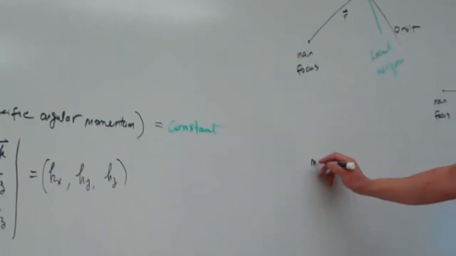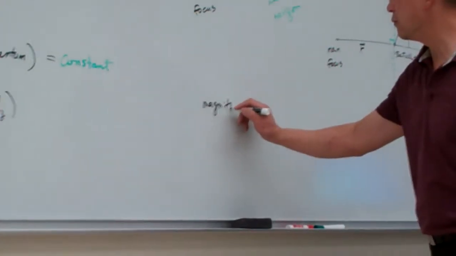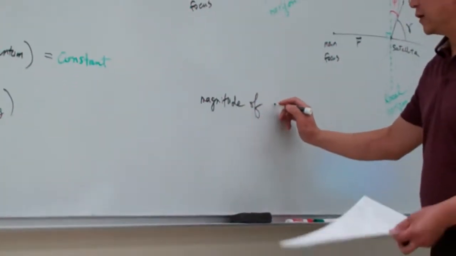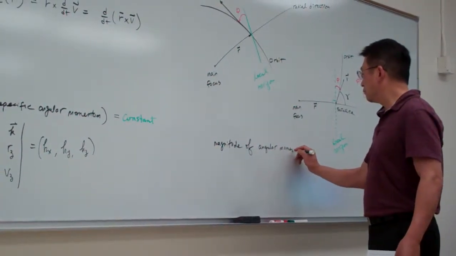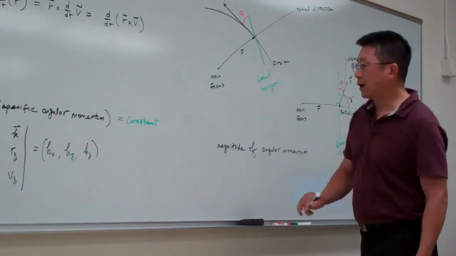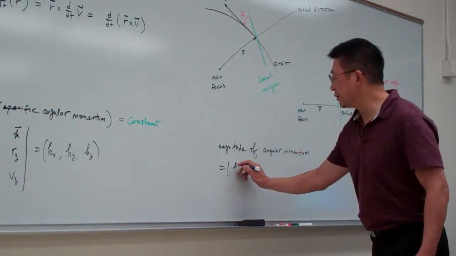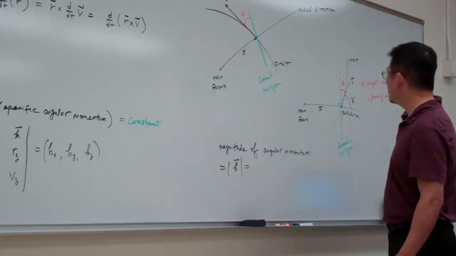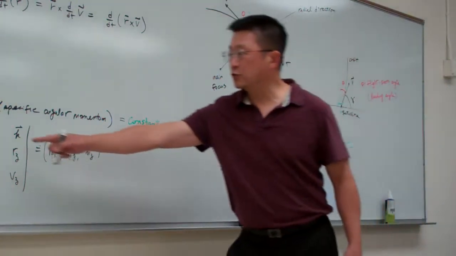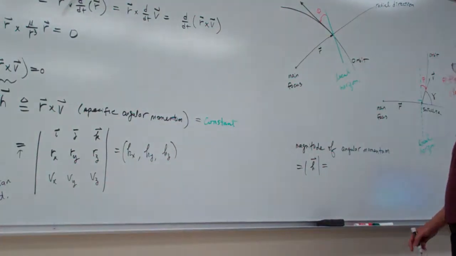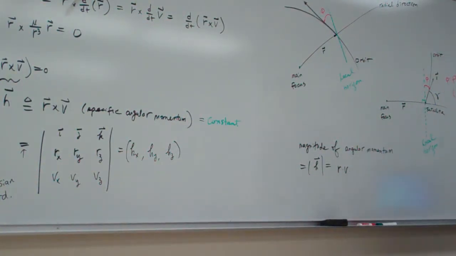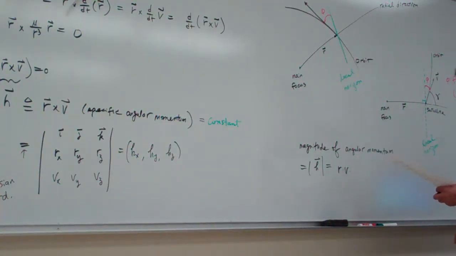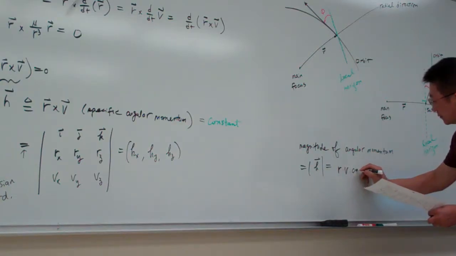So here, based upon phi, the magnitude of the angular momentum, the magnitude of h, because h is the cross product of r and v, is simply r times v times cosine phi.